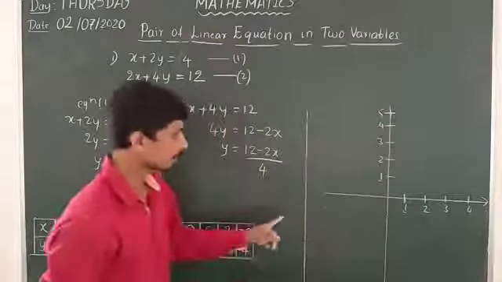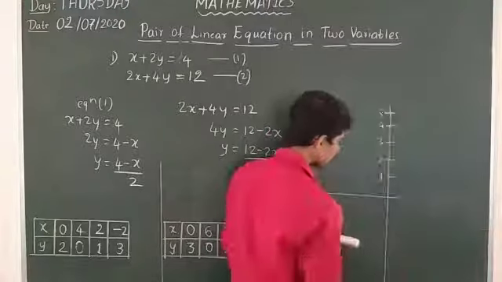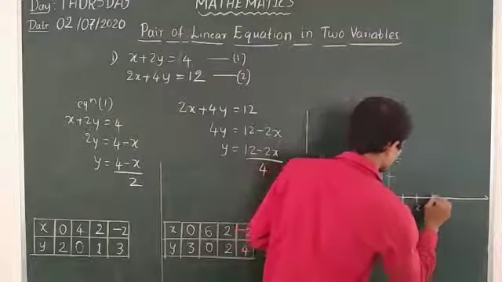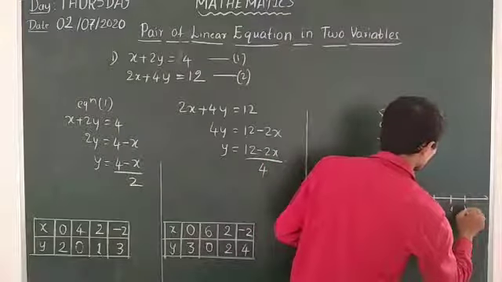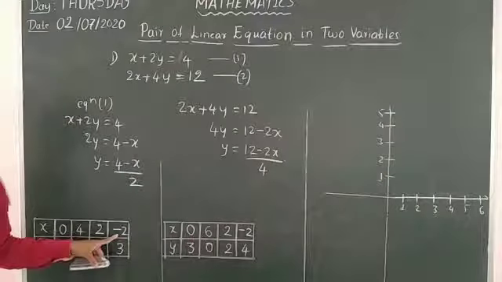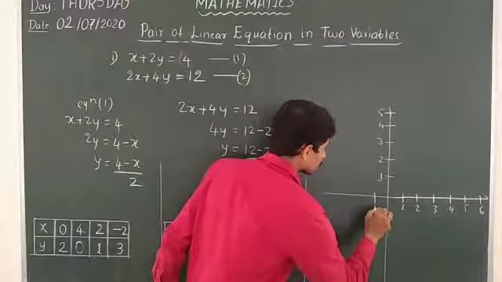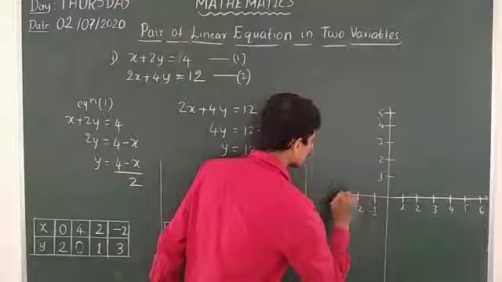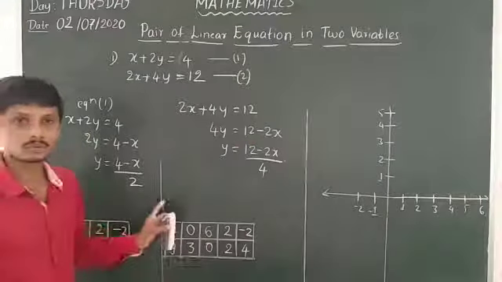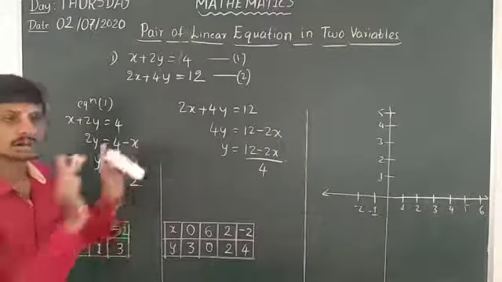The maximum value of x is 6, but I considered only 4, so we have to consider the value of 6 also: 1, 2, 3, 4, 5, 6. Is there any minus sign here? Yes, minus 2 is there, so only plus 1, minus 1 and minus 2 is enough. Then in the y coordinate is there any minus sign? No. So we have to take all the coordinates in the coordinate system.